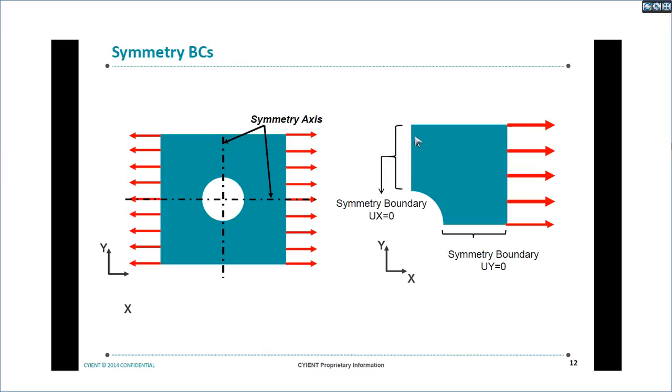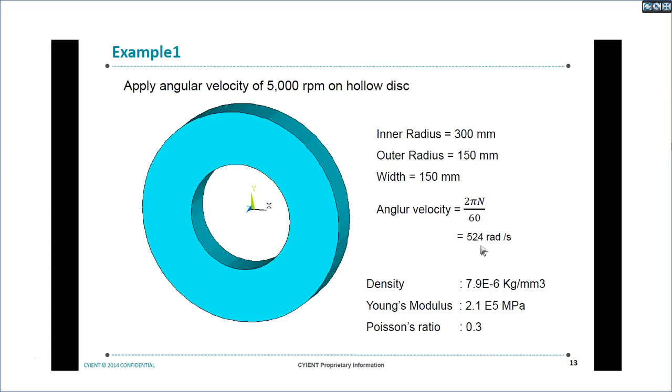The direction normal to this face is the x direction, so this face needs to be arrested. Similarly, the direction normal to this other face also needs to be arrested. For this face, y is the normal direction that needs to be arrested. Maybe tomorrow I'll show this example, how close and how accurate it is when simulating with the 360 degree complete model versus the quarter model.